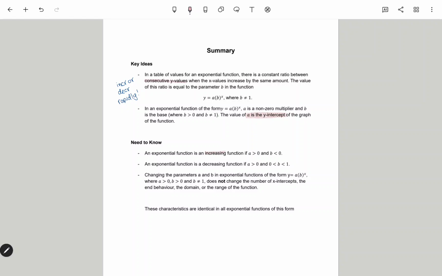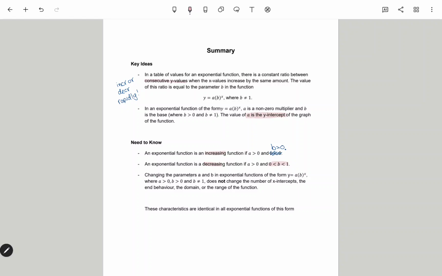We know we're increasing if b, oh, I have a typo here. Sorry, we're increasing if b is greater than 1. And we are decreasing if b is between 0 and 1.